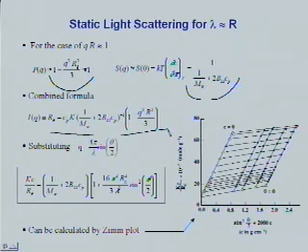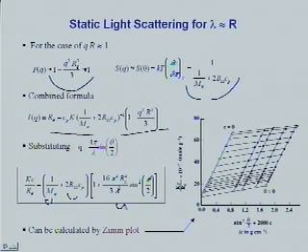When you rearrange that expression, you have this, which is a function of the molecular weight, the second virial coefficient, and the radius of gyration. When you vary theta and concentration, you can make a two-dimensional plot, which when extrapolated is going to give all three parameters in this expression.